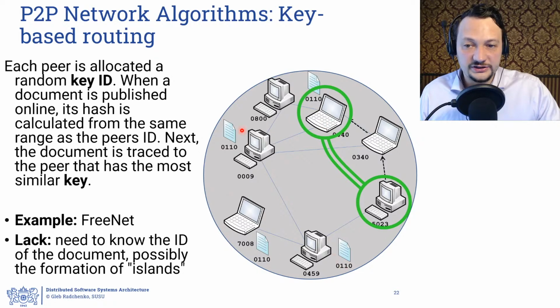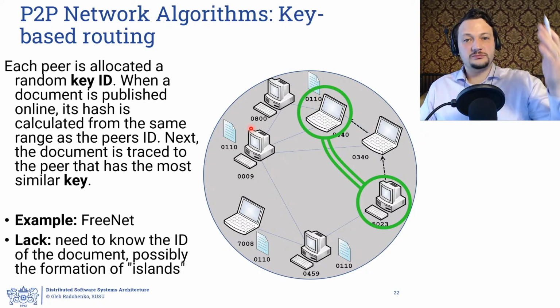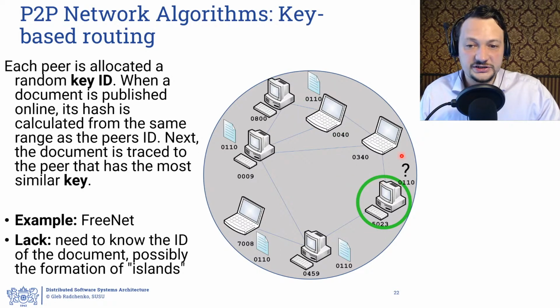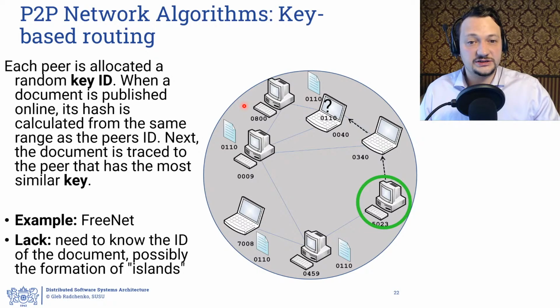So a copy of this document or a reference to this document would be stored in a huge number of nodes in the network. And if you would like to find the resource in this network, you just submit the request with the key for the resource that you would like to find, and using special algorithms for this key distribution, you would find the reference to this document using the network itself without the need for a centralized tracker.